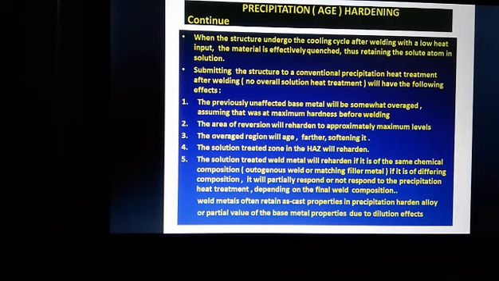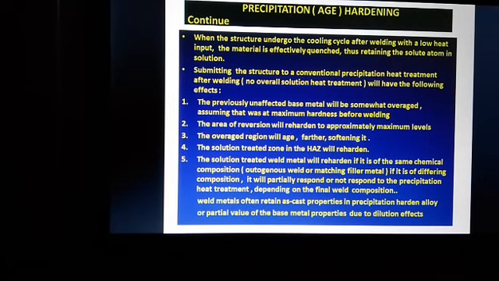The solution treated zone in the HAZ will reharden. The solution treated weld metal will reharden if it is of the same chemical composition, an autogenous weld or matching filler metal. If it is of a different composition, it will partially respond or not respond to the precipitation heat treatment, depending on the final weld composition.